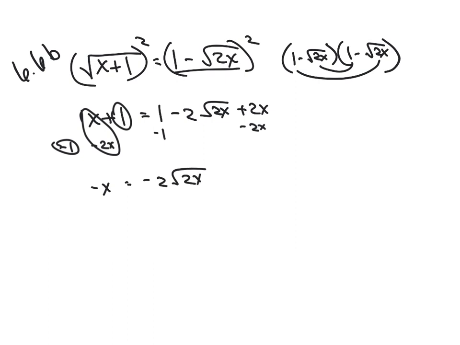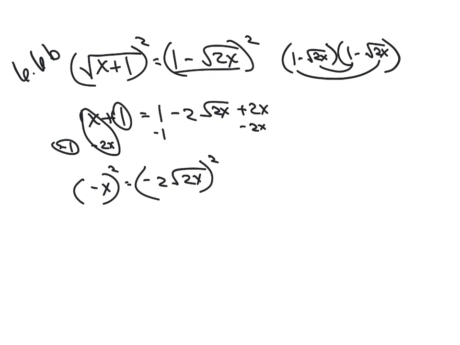All right, so we have a couple different options here. We could divide both sides by negative 2 and then square both sides, or we could square both sides at this point. Because we don't have anything added or subtracted to this radical, we can square this side and square this side.